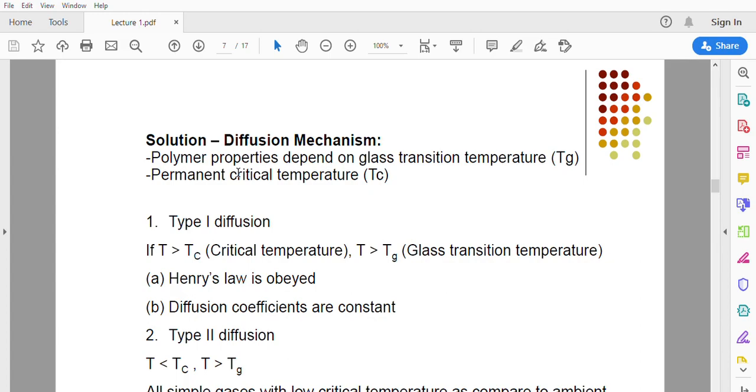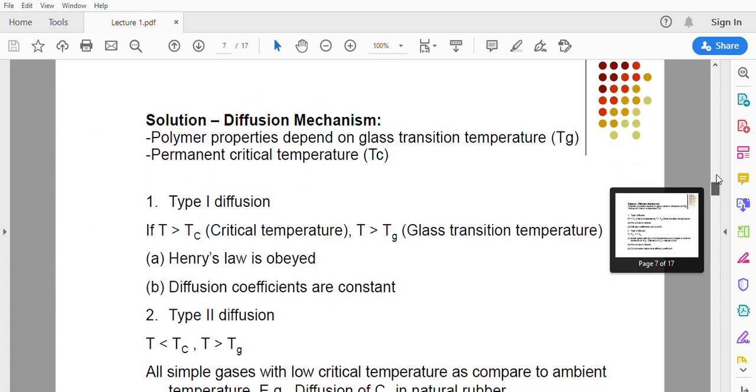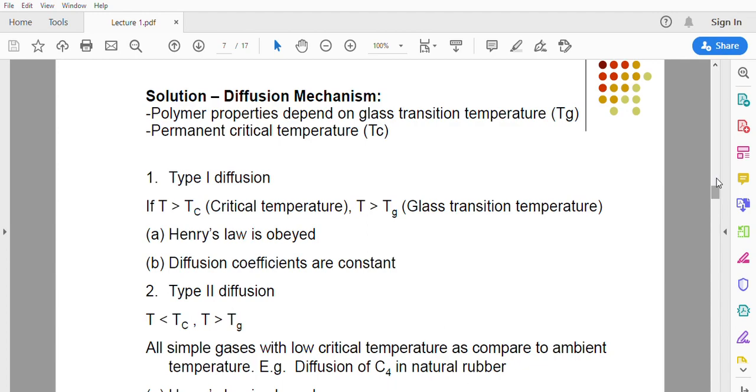Now, based on these two parameters, you can classify the solution diffusion mechanism for gas separation using the membrane process. The first type is when the environment temperature, or the temperature at which you are using the membrane based process, is higher than the critical temperature of the gas and higher than the glass transition temperature of the membrane.